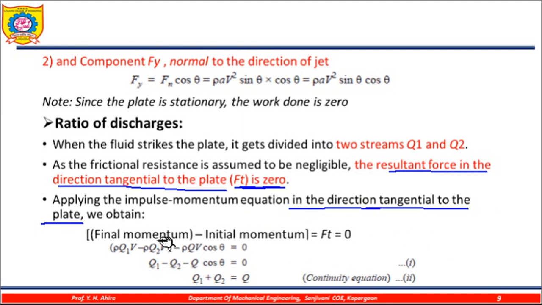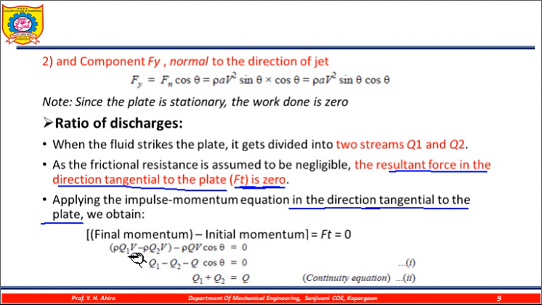We write: final momentum of jet minus initial momentum of jet is equal to force Ft. Both the final momentum and initial momentum are along the tangential direction to the plate. Final momentum means after impact, so after impact we have two streams, Q1 upward and Q2 downward.